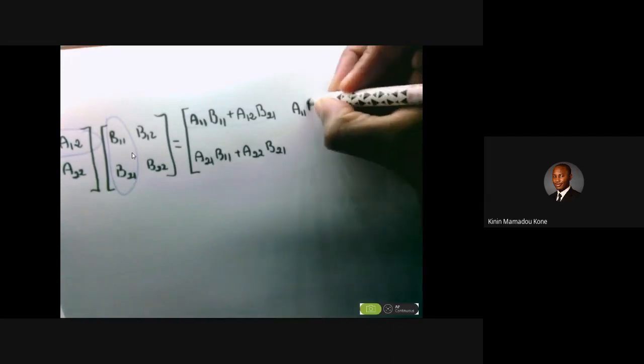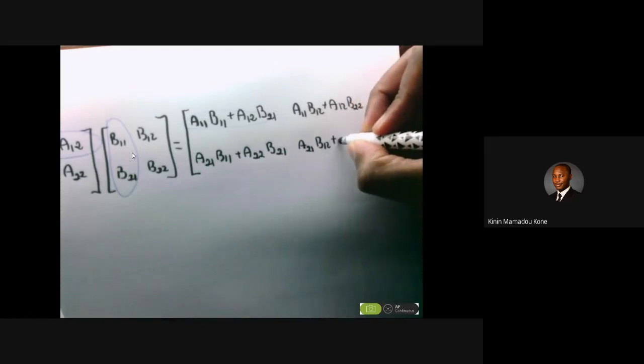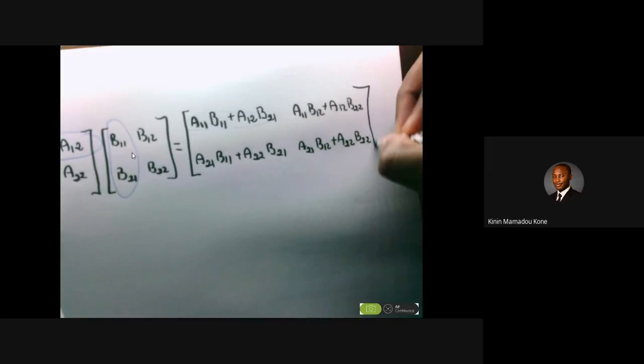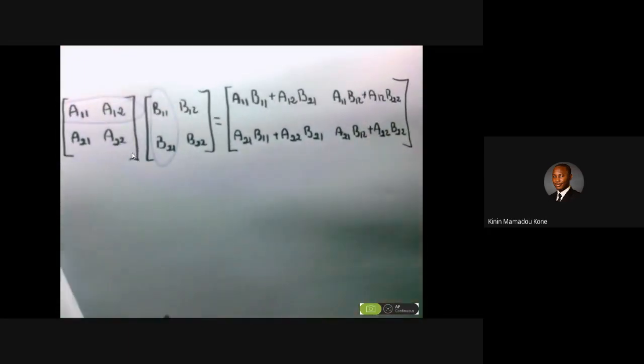A11 B12 plus A12 times B22, A21 B12 plus A22 B22. So you have one block multiplied by another block, and you have that matrix.